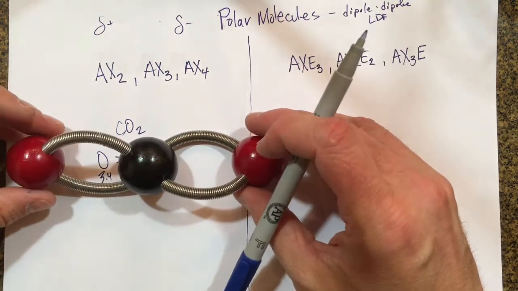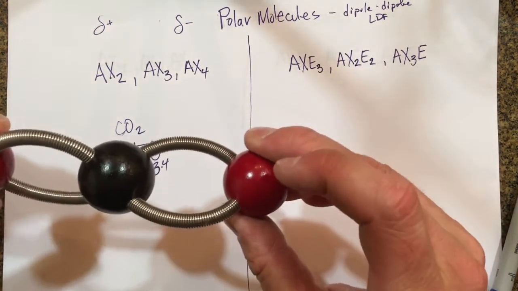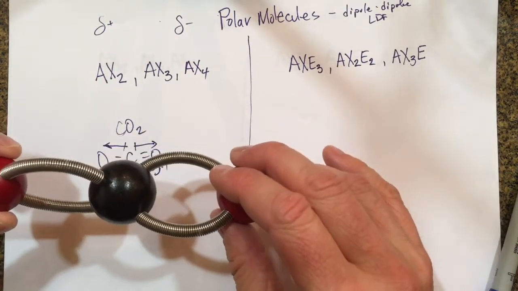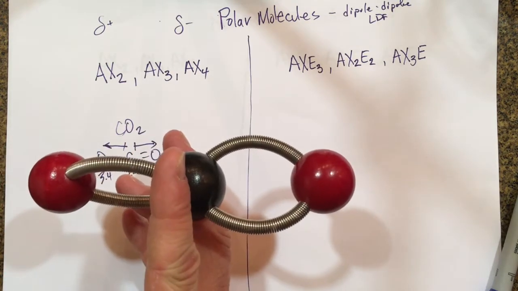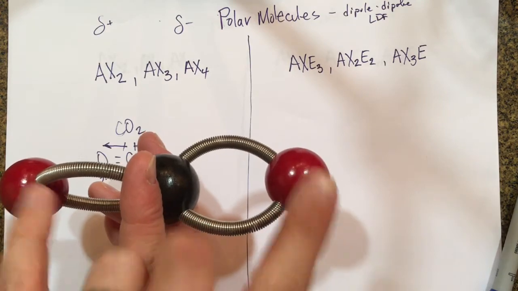Now, if this is my carbon dioxide molecule, these oxygens are pulling the electrons in these two directions. And so this molecule is balanced because the electrons are being pulled towards the oxygens equally.